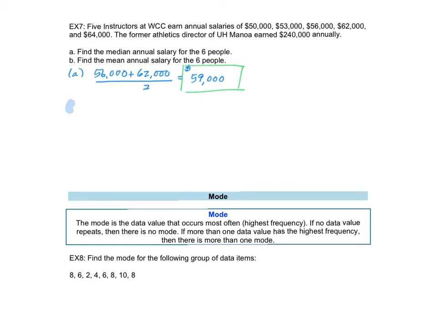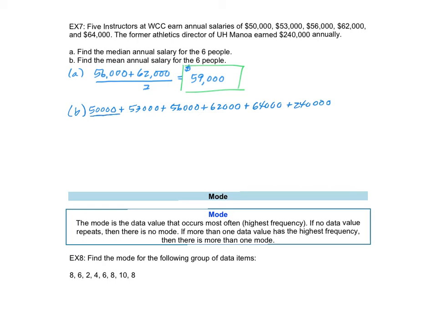So part B. If we wanted to find the mean for the 6 people, remember we're just going to add all these up. 50,000, 53,000, 56,000, 62,000, 64,000, and then the last one was 240,000.